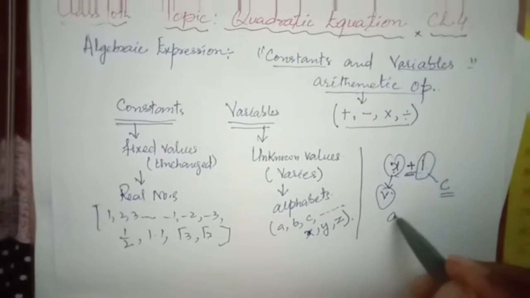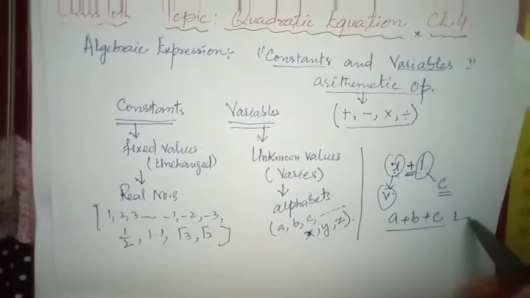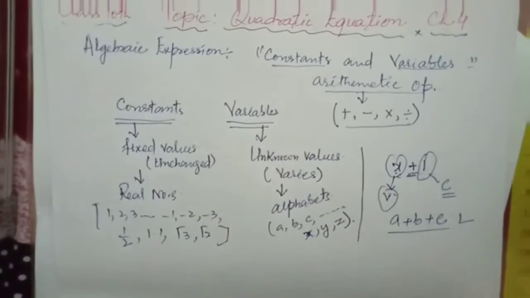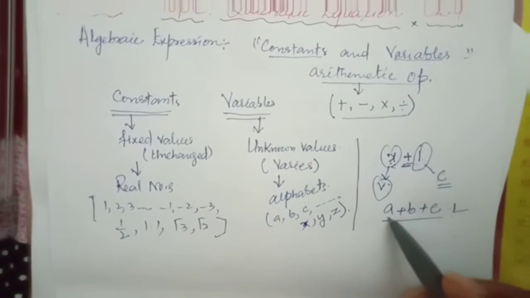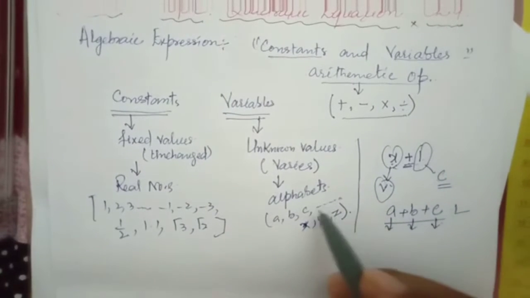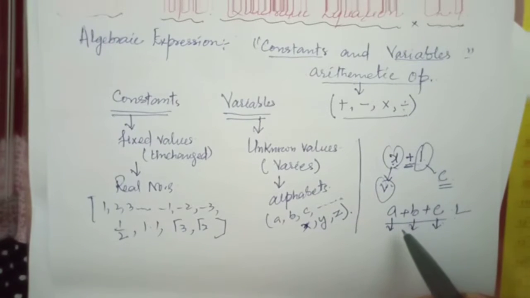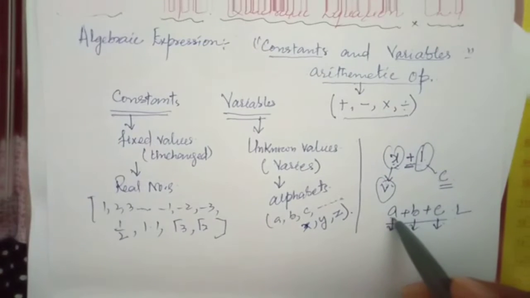Similarly, I can write a + b + c. Is this an algebraic expression? Yes, this is the combination of constant and variable. How? Here a is the variable, b is the variable, c is the variable, as I earlier told you that any English alphabet in any expression is the variable. Now here you might have a little bit of confusion, as no number is seen here.